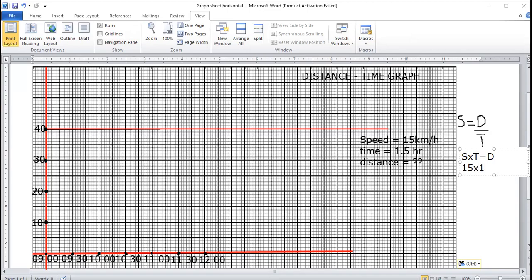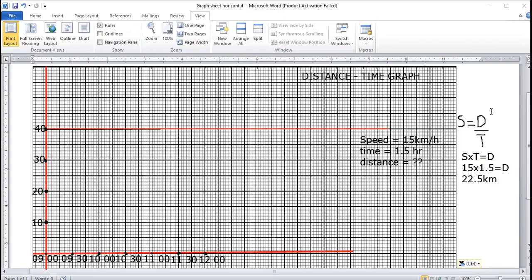Time is given as 1.5, and I have to find distance. So at the end, the distance covered over here is 22.5 kilometer.